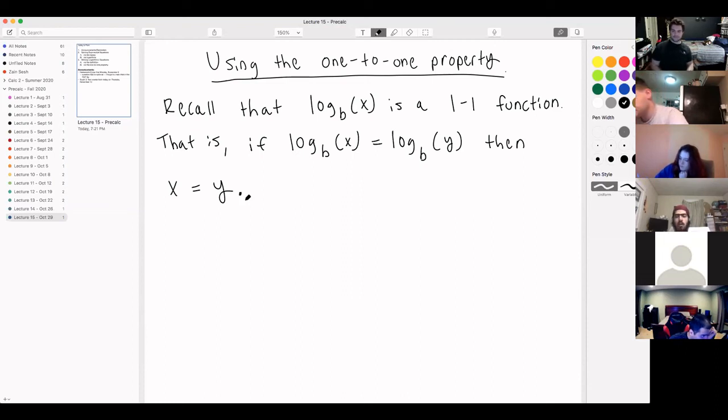Okay. And very important note, just like with the exponential guys, the base must be the same. We need the same base on both sides. So I'm just going to write out the steps now, and then we'll solve some.